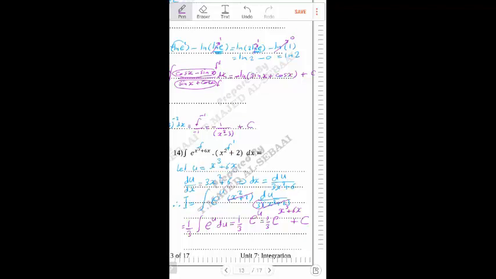Yes. Yeah. Ahmed, I can't hear you. How did I know that this is f and this is f dash? Okay, Ahmed, when it is x to the power of 3, what is the differentiation of it?